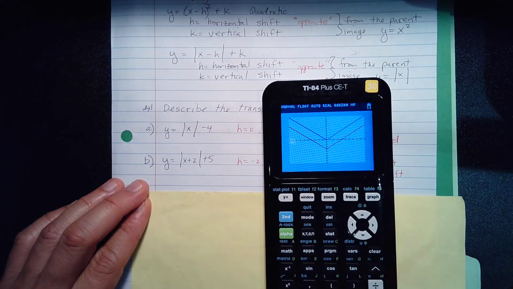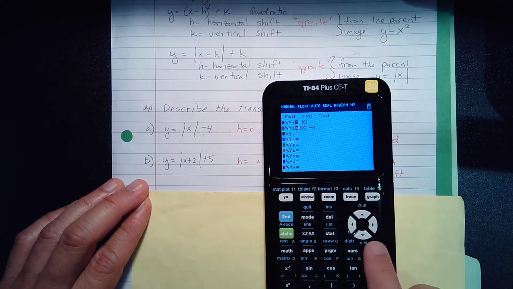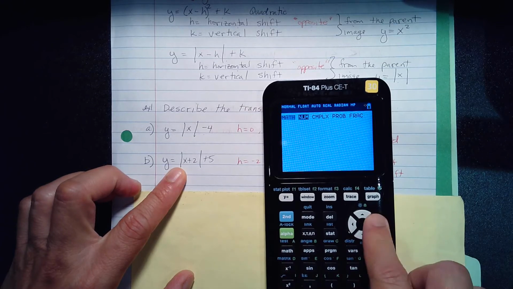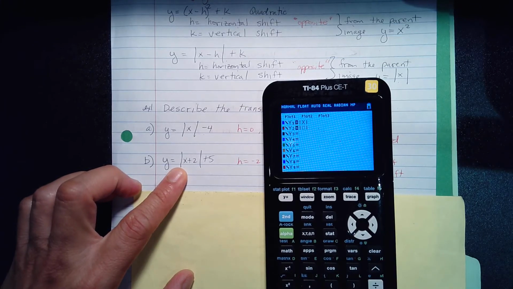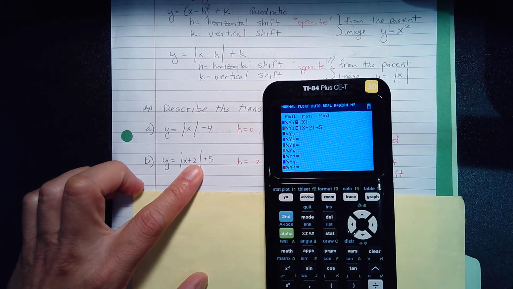Okay, so let's take a look at the other one. Let's clear this, and let's put this in. So we'll put x plus 2, right arrow to get outside of the absolute value, plus 5.